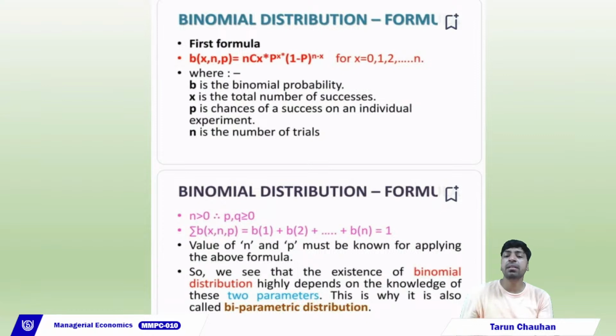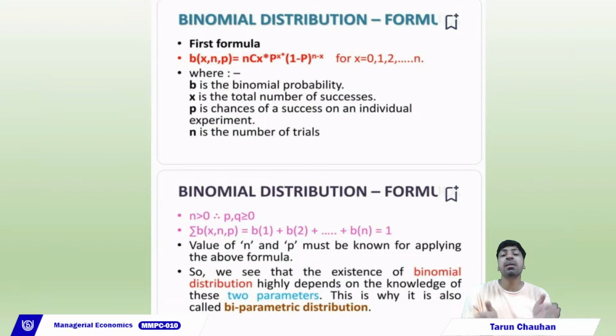Let's talk about another classification of the formula on this screen. If n is greater than 0, then p and q are also greater than or equal to 0. It means that for all of the trials, the binomial probability of one success, of second success, of third success, that is, the binomial probabilities for the n number of trials or successes, when you add them, always equal 1.